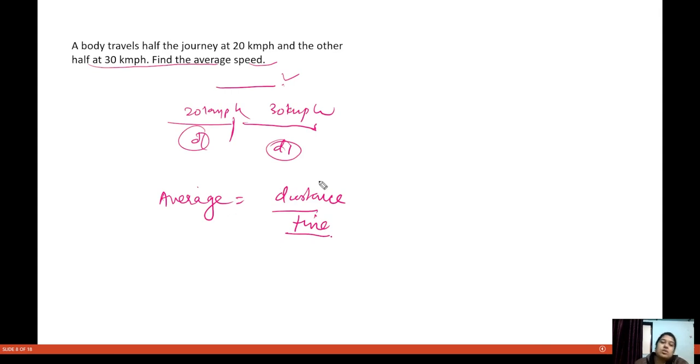Now see what we are doing here. Our distance is constant, because this distance is d only. When distance is constant, you know s into t is equal to d, so s1 by s2 is equal to t2 by t1. So what is the ratio of speed? The ratio of speed is 2 is to 3.